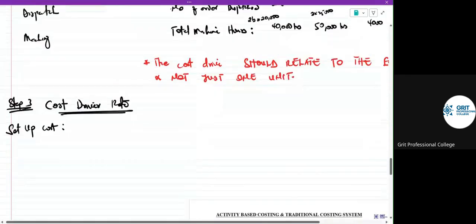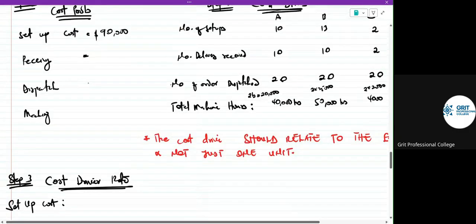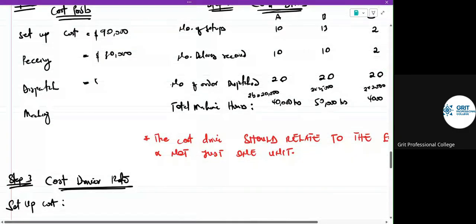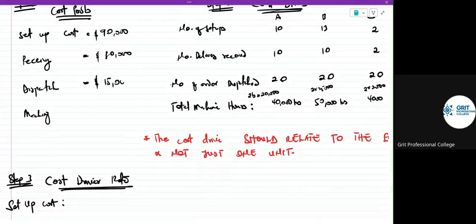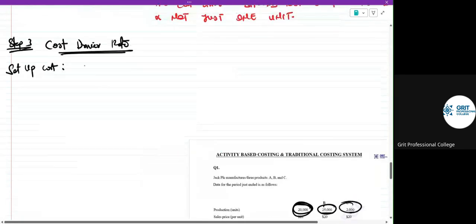So 90,000, $30, $15, $55. So you just pick the total overhead here. So for setup, that is 90,000.